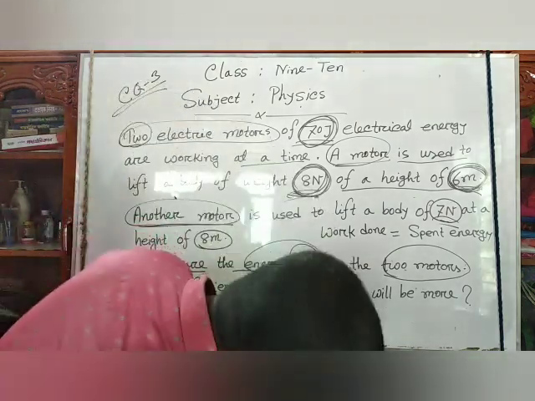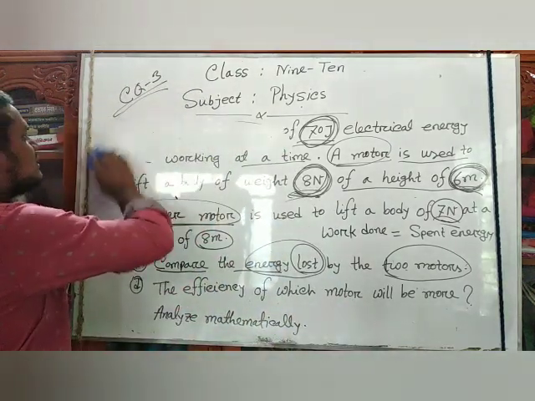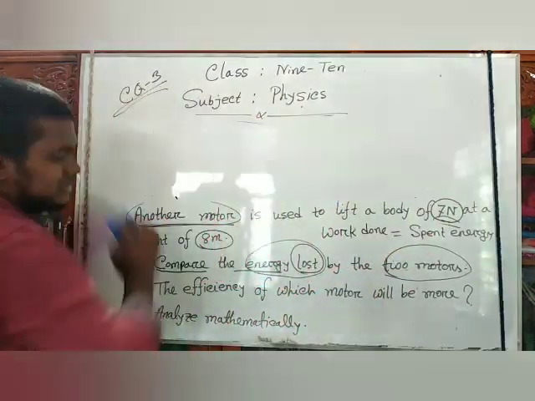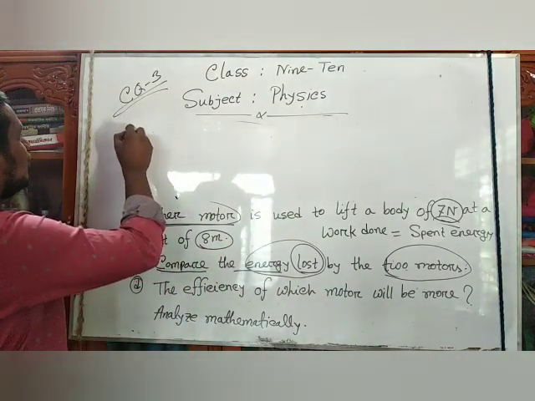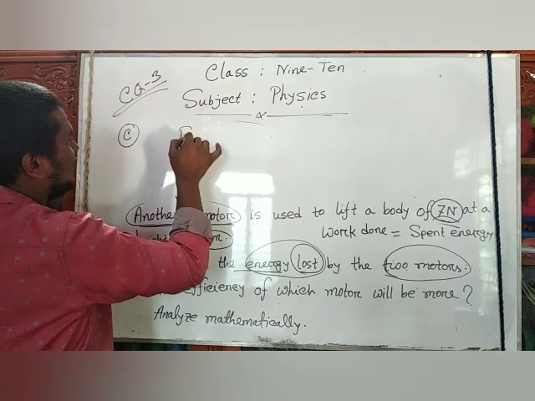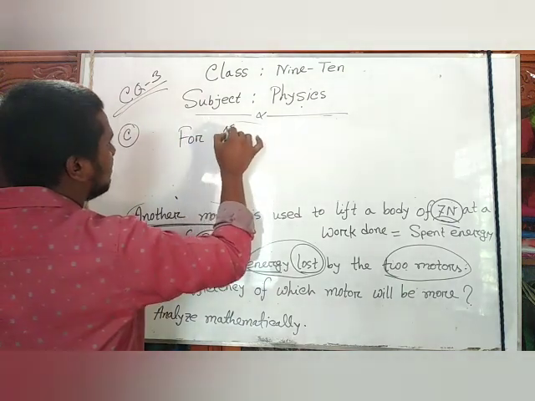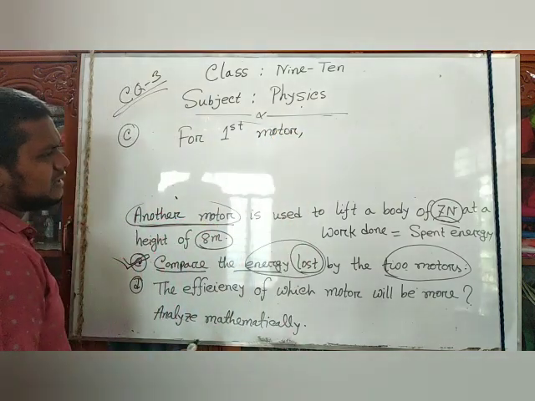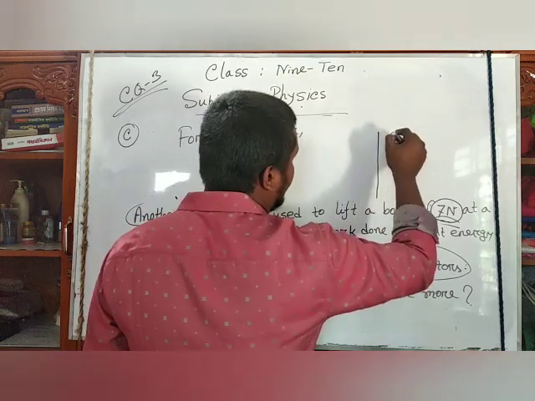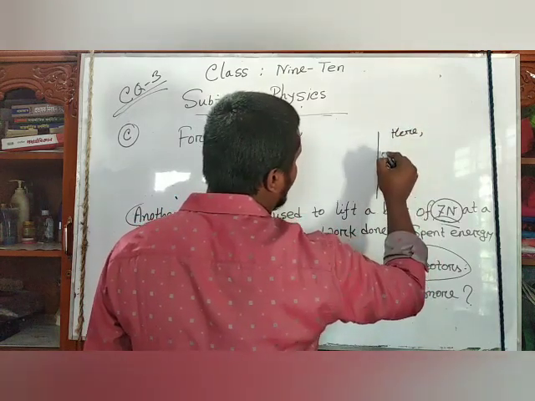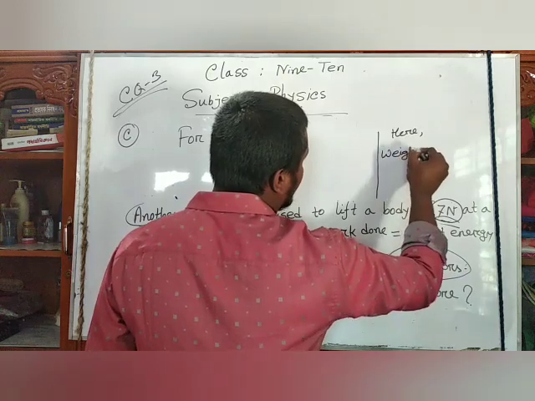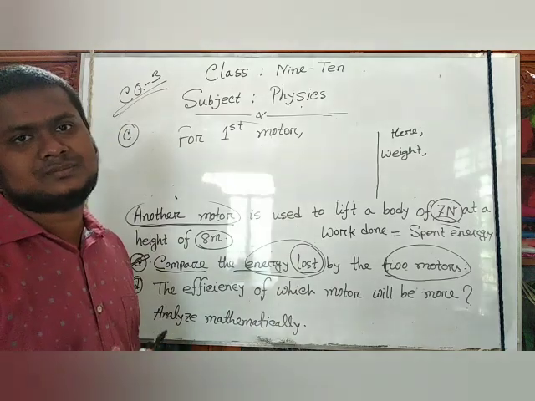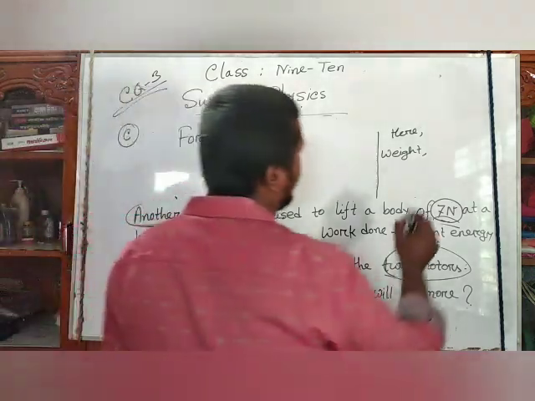Dear students, please listen to me and look at the board carefully. For C type, for the first motor, what do you see? You see the weight of the body. You know that weight is denoted by W or F. It doesn't matter what you denote it.